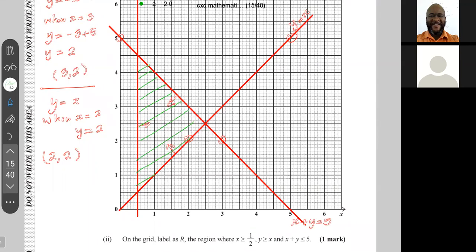It satisfies all the inequalities. In that region, x is greater than a half. In that region, y is greater than x. In that region, x plus y is less than 5. That region satisfies all three inequalities. It is called a common area or the solution set.